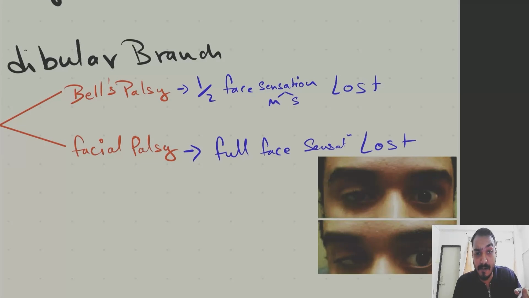But if he can do only one eyebrow up but not the other one, it means on the side of the eyebrow which is down, he is having the injury. And in facial palsy what will happen? He will not be able to move both eyebrows up.